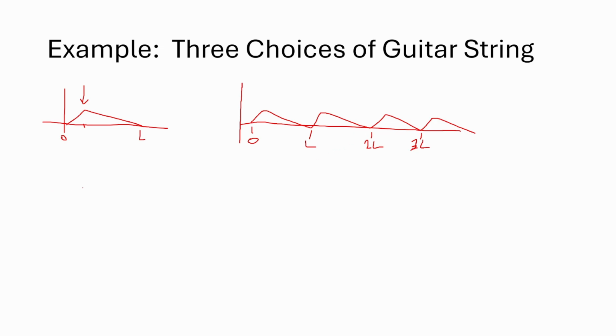Or you can take this initial condition and make an even version of it. So remember, even functions are functions that are symmetric around the y-axis. It is actually kind of important that I draw this somewhat well. There we go.